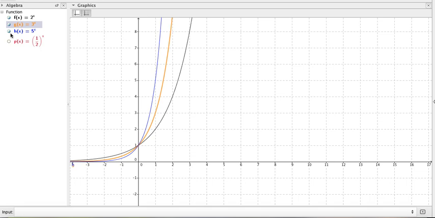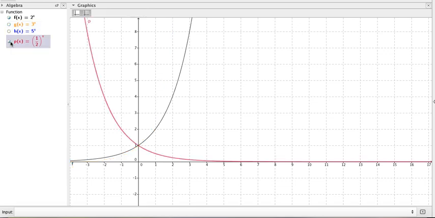We also discussed in class and looked at, for instance, 2 power x and a half power x. They look like a horizontal reflection of each other. However, when you look at the formula for 2 power x and a half power x, there is nothing that shows any horizontal reflection, because you should actually see a negative here somewhere, right?